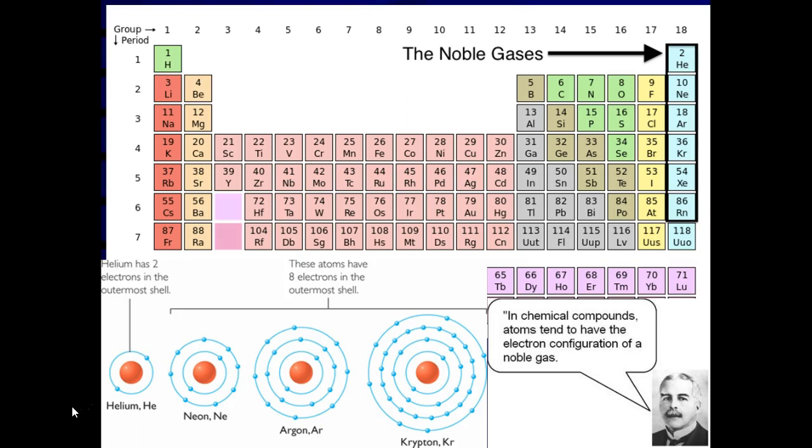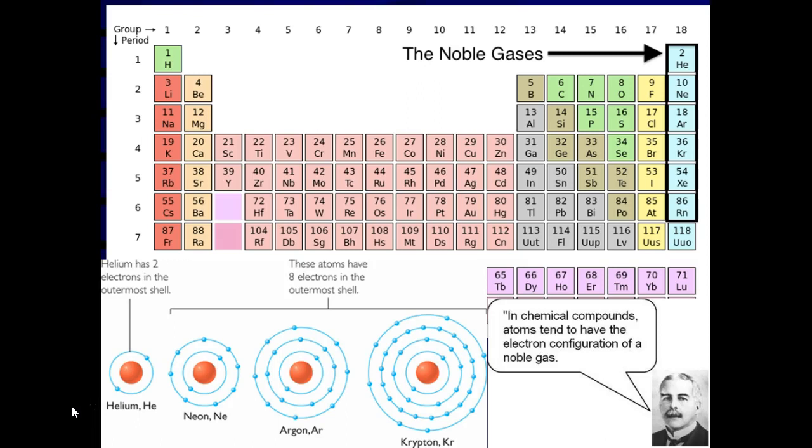If you have the outermost shell filled with the maximum number of electrons available, then you become a noble gas. Once you have your valence shells filled, you don't have to interact with any other element. So this is why helium, neon, argon, krypton, xenon, and radon are chemically inert.